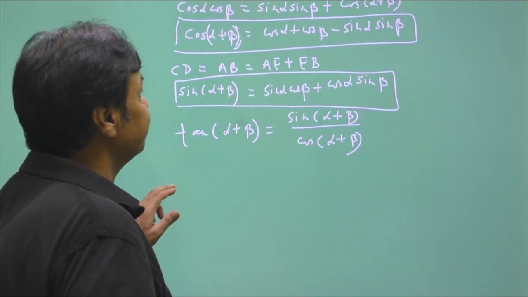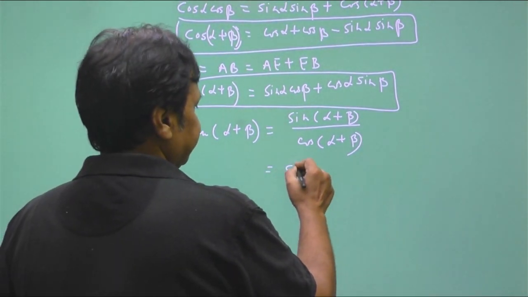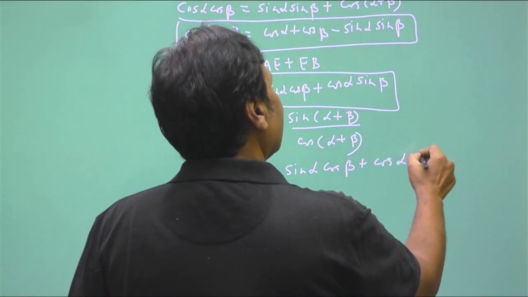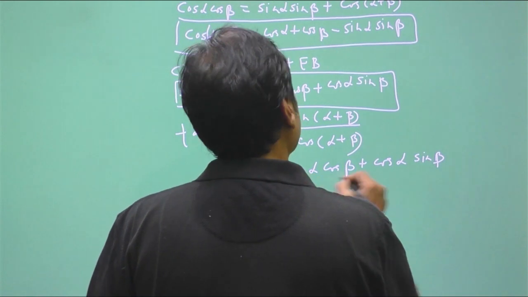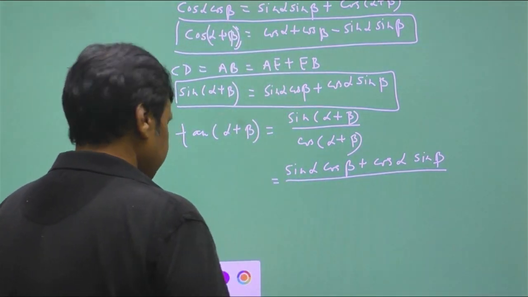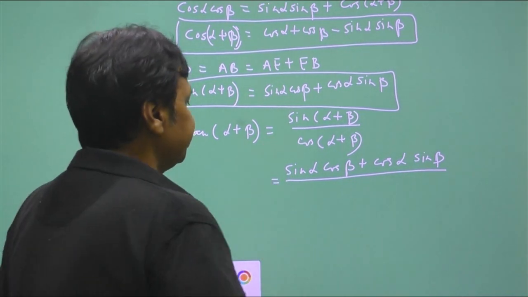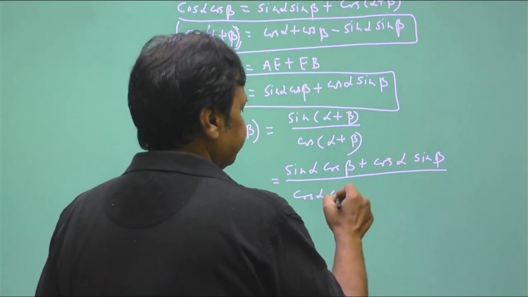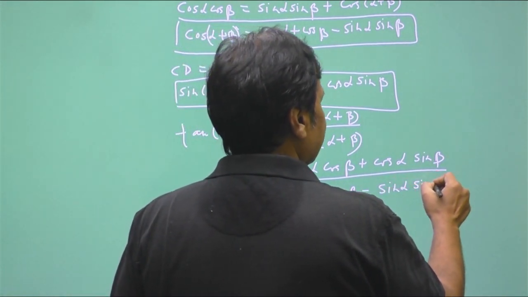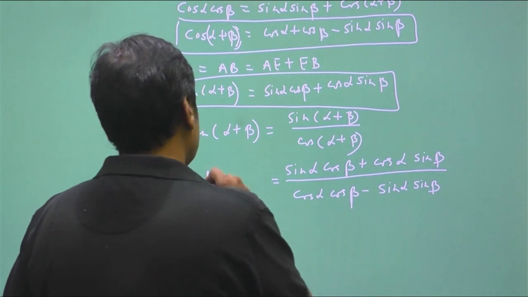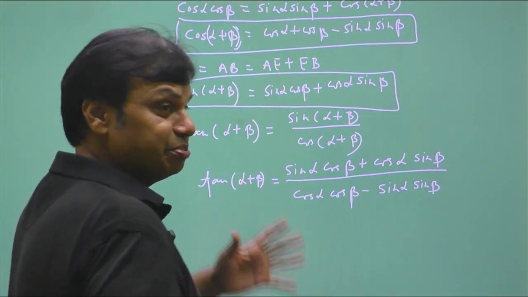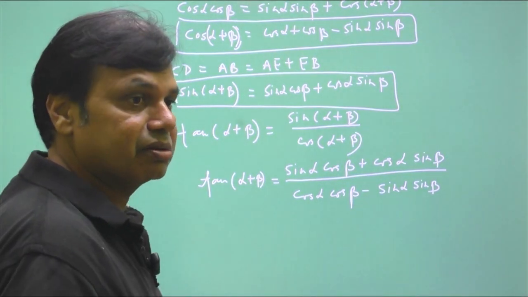So sin alpha plus beta is sin alpha cos beta plus cos alpha sin beta, divided by cos alpha plus beta, which means cos alpha cos beta minus sin alpha sin beta. You will tell me that this is weak. I don't like this. Me too.